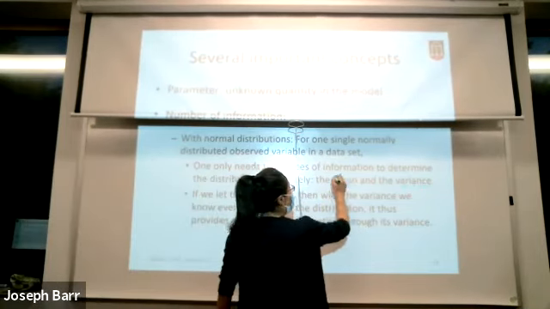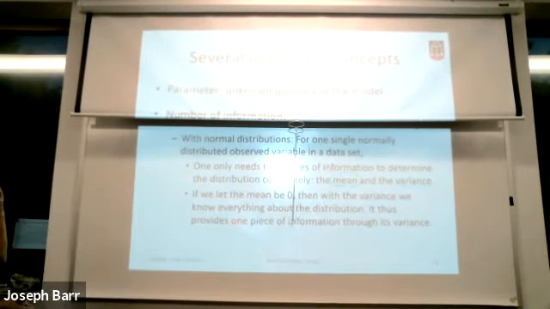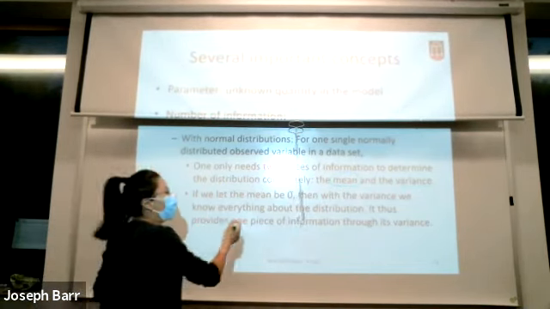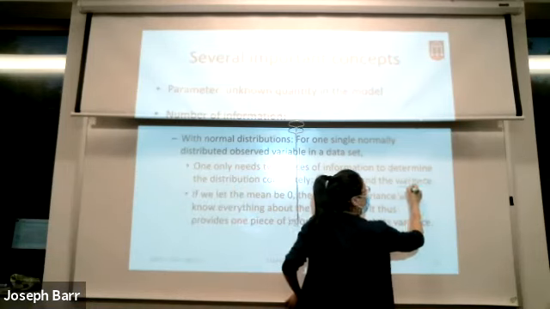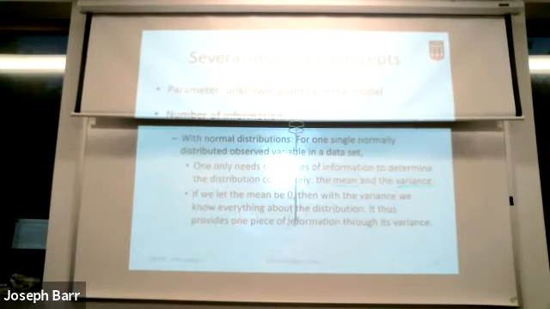Usually we assume that the mean is 0, then the variance is the information we need. If we assume the mean is 0, then we only need one piece of information, which is the variance.